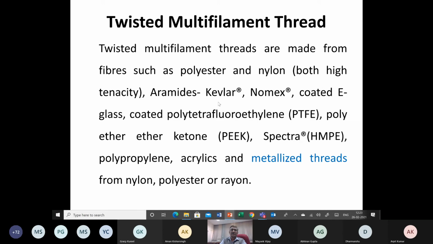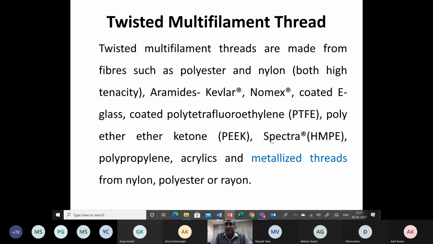Then they use Kevlar. For example, when you go to the train, bus, theaters, the furnishing fabric on the seat has to be made with these materials because people may put their knife and try to damage it. So it needs cutting resistance. That means the sewing threads also should have cutting resistance.